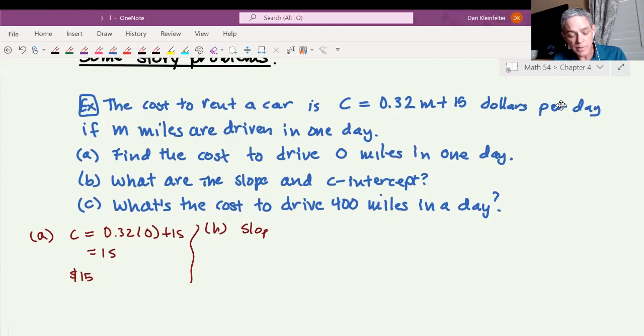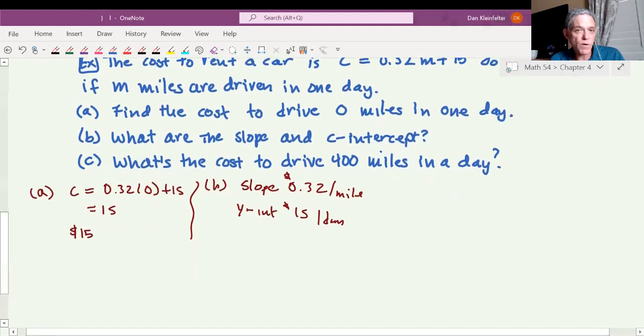The slope is 0.32, and the y-intercept is 15. Okay, and the slope is in dollars per mile, sorry, dollars per mile. The $15 is in dollars per day.